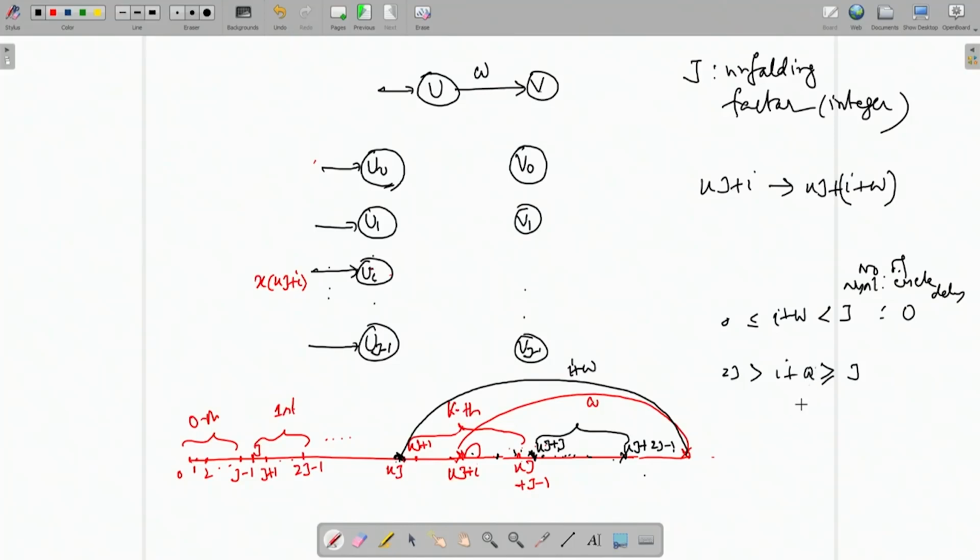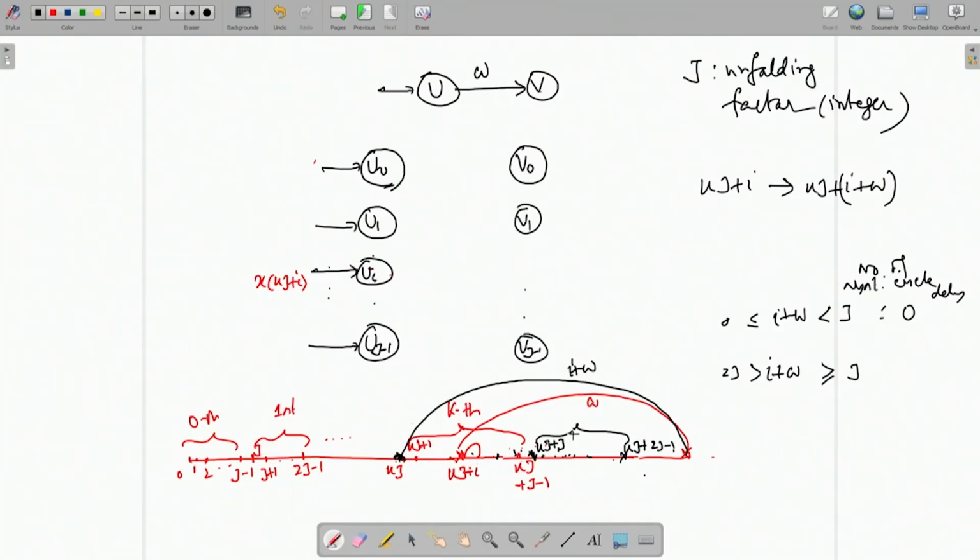Then if I plus W, this I plus W is the factor by which you are jumping.